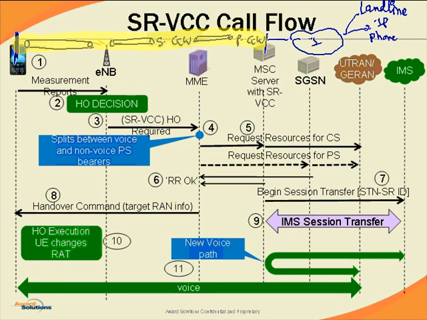Now, if you think of 1X RTT, then in 1X RTT itself, in the current commercial deployments, we have either voice or data. So 1X does not have simultaneous voice and data in the commercial deployments, typically. So if you do SRVCC with 1X, then you will have the voice call transferred to 1X.